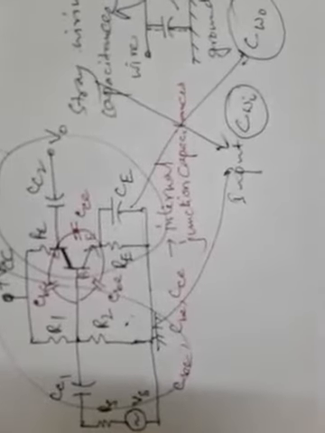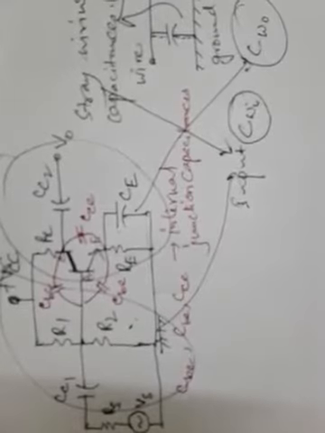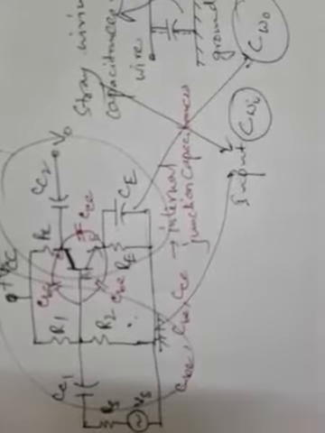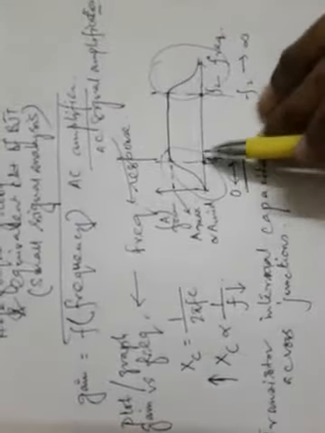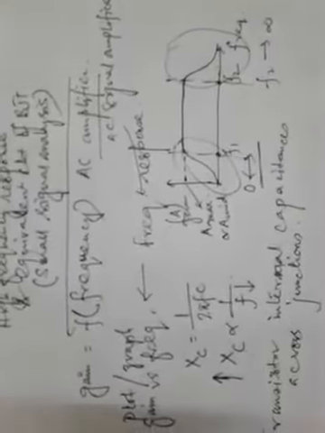Now let us once again go back to the frequency response curve. So this was our frequency response curve. Now we have understood the significance of these two frequencies, F1 and F2: below F1 the voltage gain falls off sharply, and above F2 the voltage gain falls off sharply.